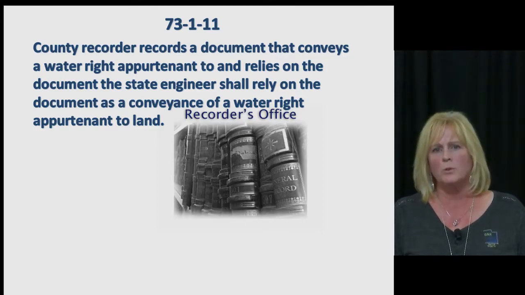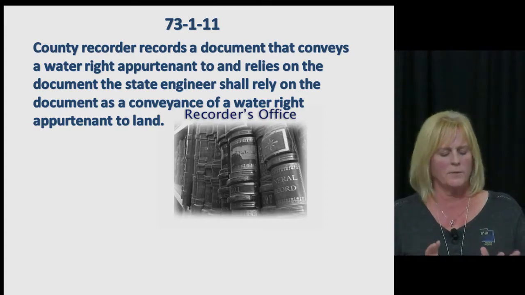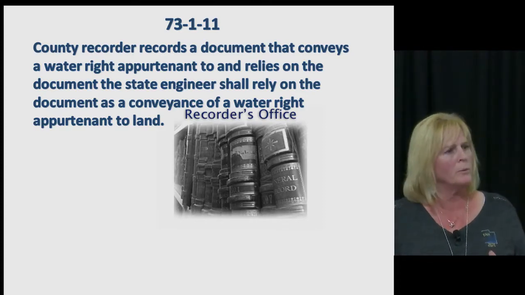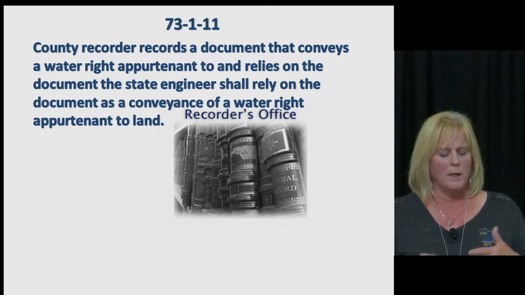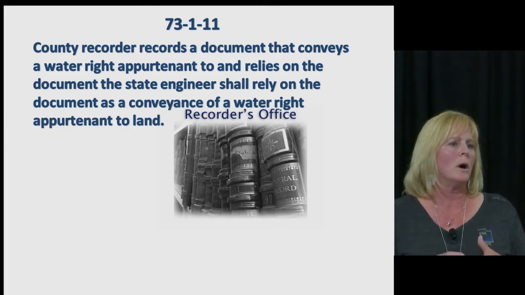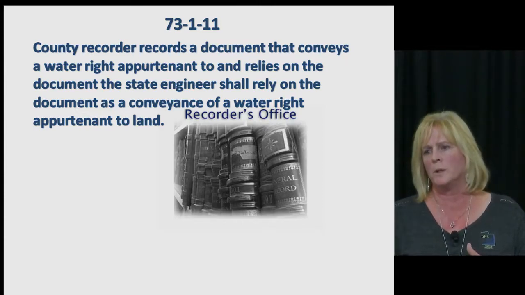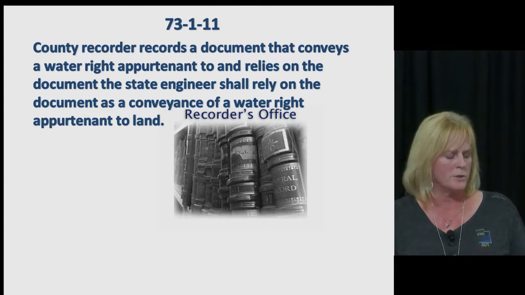Now, this statute was implemented in 2011, and what this means is if there could be a document that the county recorder accepts and updates their records with, we will also rely on this document and update our records.